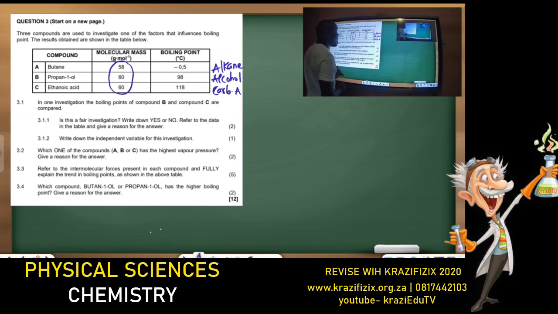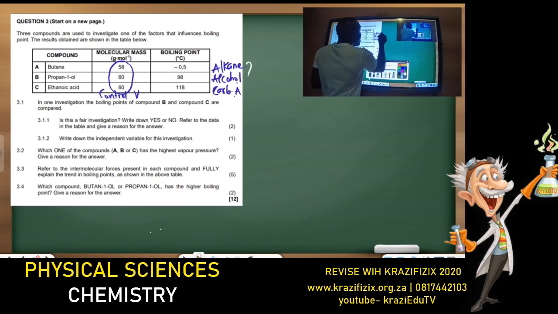Now, that already tells you that we are trying to control that. So, this is my control variable. In case we are asked, that is kept constant. Now, what are we changing? We are actually changing the functional group, because I move from alkane to alcohol to carboxylic acid.